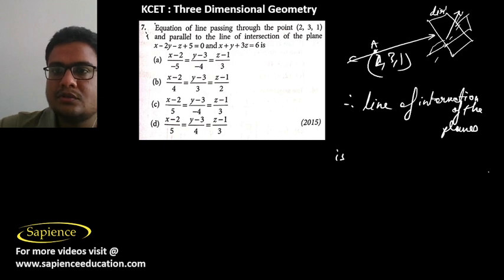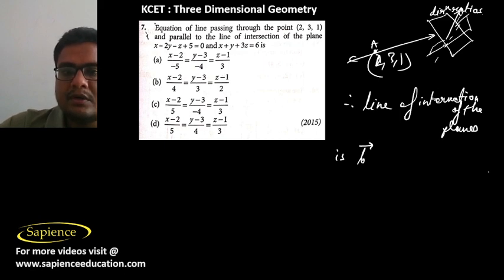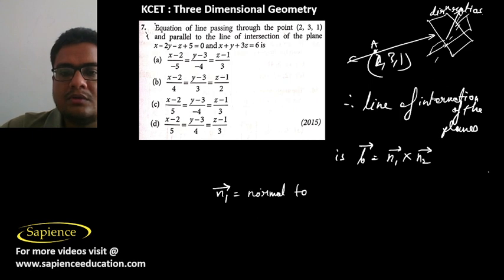We have to find the direction ratios along the line of intersection of these two planes, which is B vector, equal to n1 cross n2, where n1 is the normal vector to the first plane x minus 2y minus z plus 5 equal to 0.